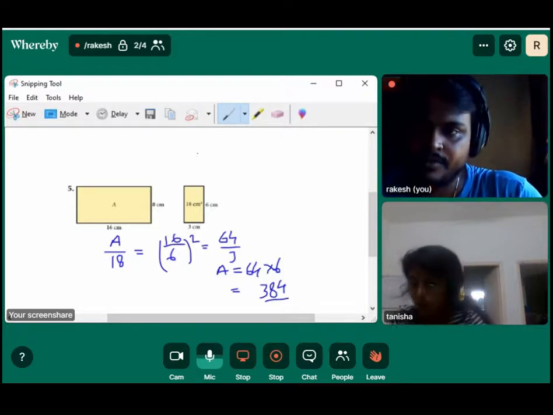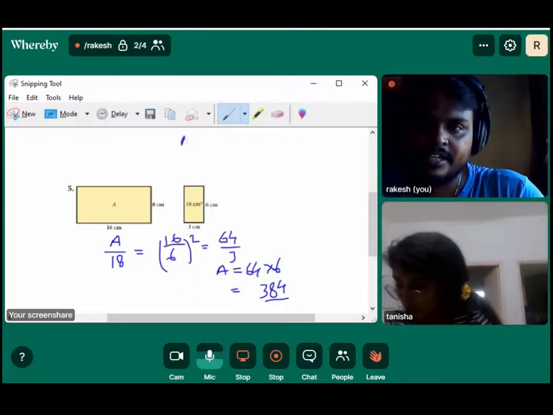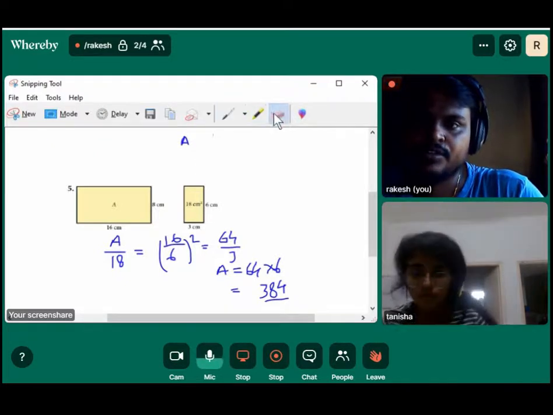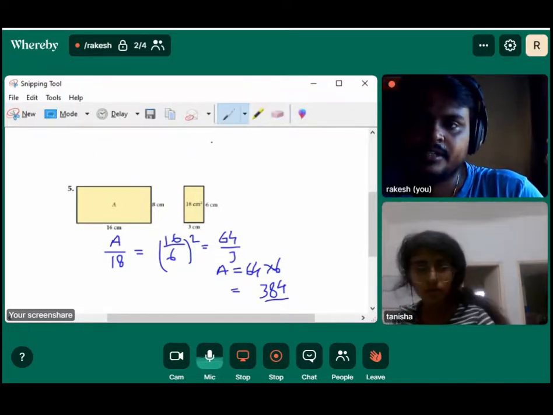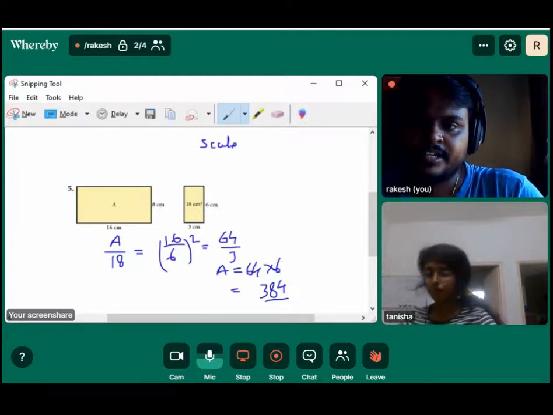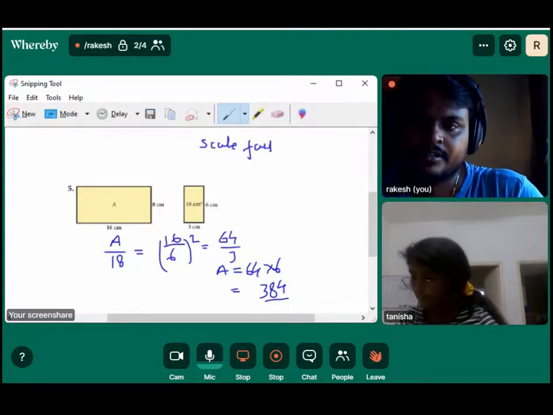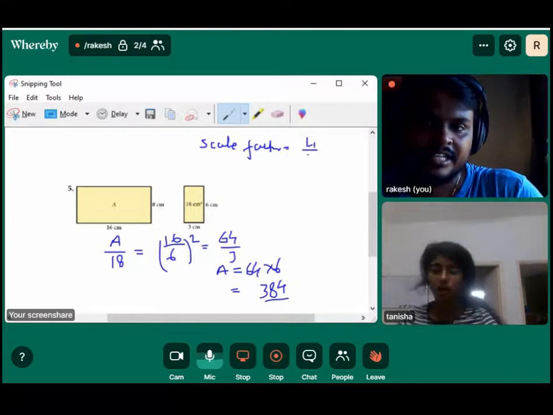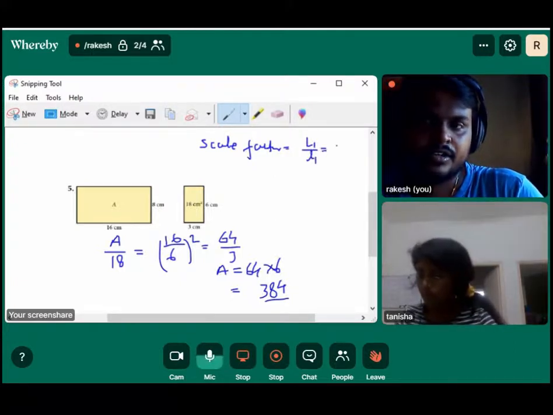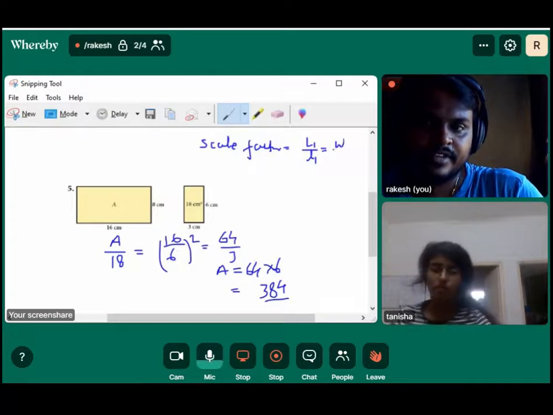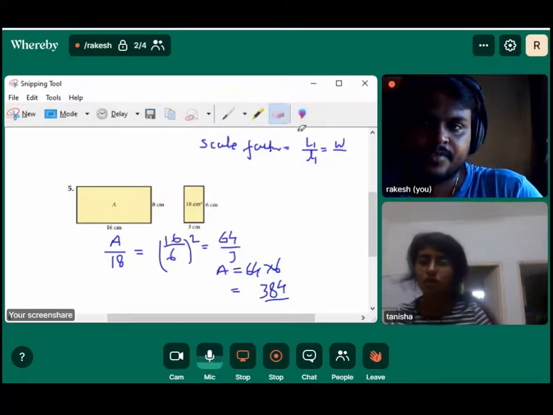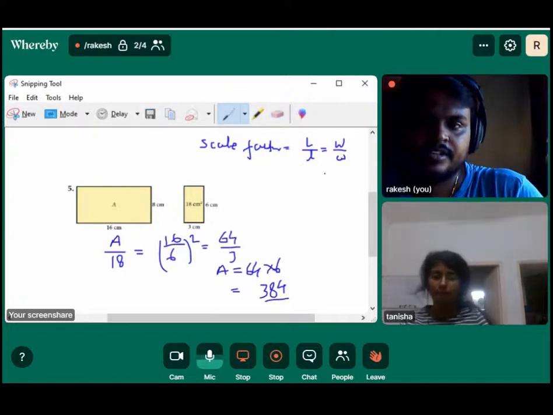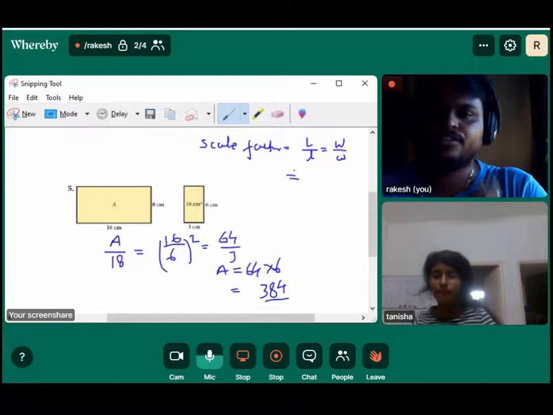See, I'll give you the formula. In the case of a rectangle, you first find the scale factor, right? The scale factor is either the ratio of their lengths, or the ratio of their widths. So what is the ratio of their lengths?